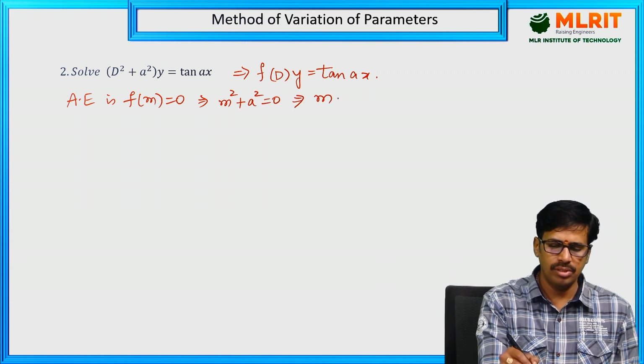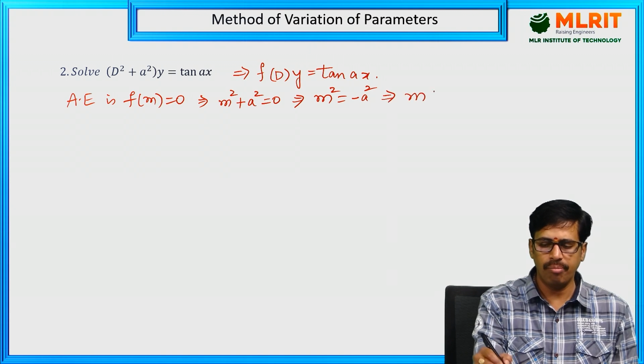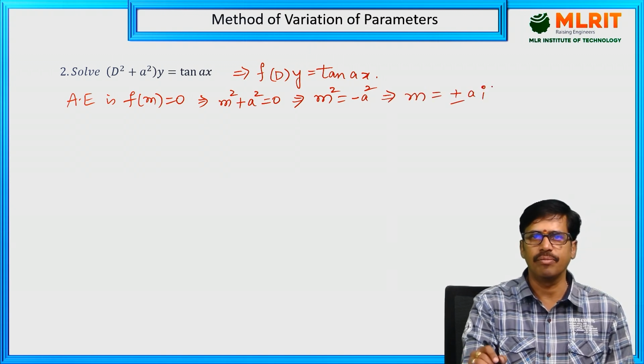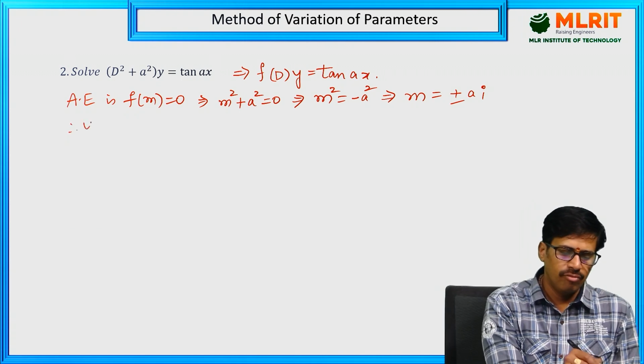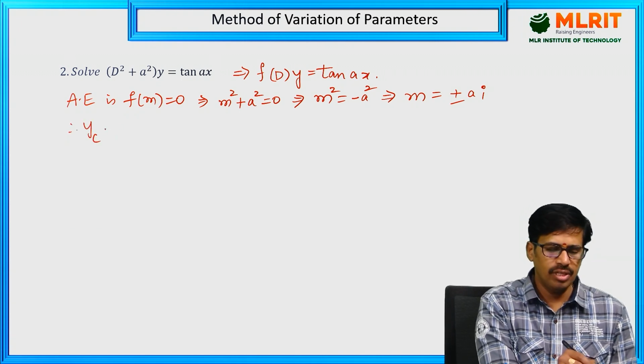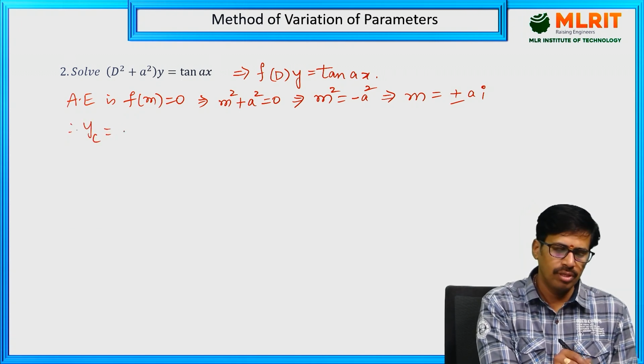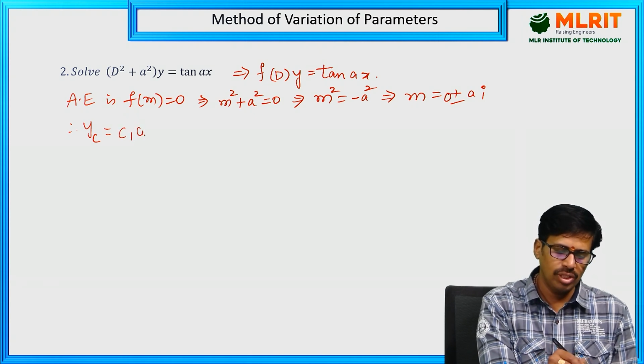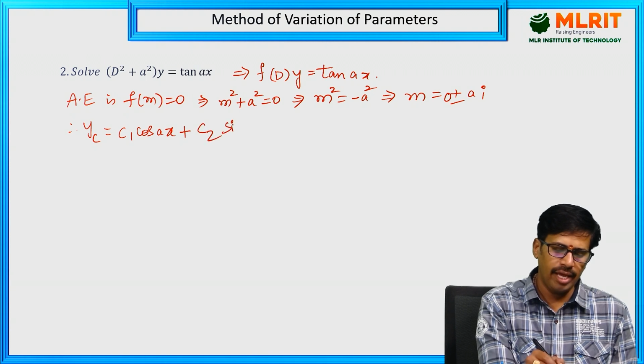So m square equal to minus a square. So we get complex roots plus or minus ai, isn't it? So what is the formula? How will you write the complementary function? If the roots are complex, e power alpha x, alpha is 0 here, so c1 cos ax plus c2 sin ax.